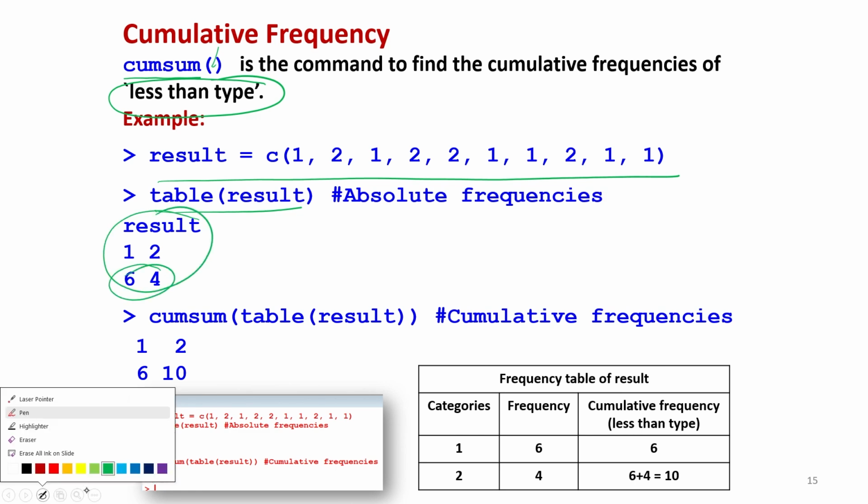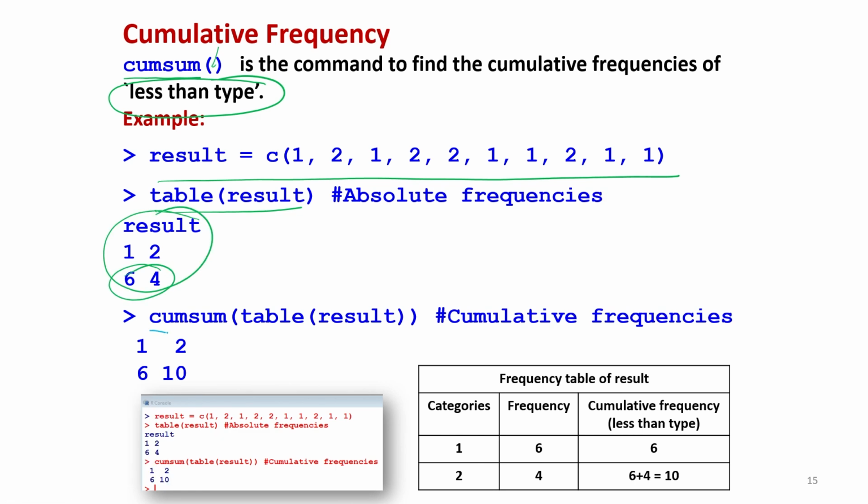Now I operate this cumsum on the table of the result, right? This is what you have to keep in mind: here you are not going to use the data vector directly, but you have to find the tabulated result. The idea is clear. Once you find the absolute frequency, only then can you find the cumulative frequency.